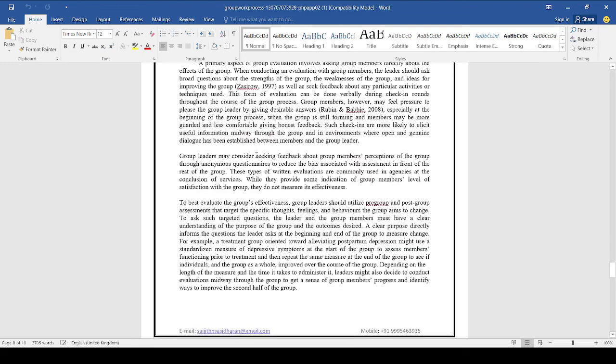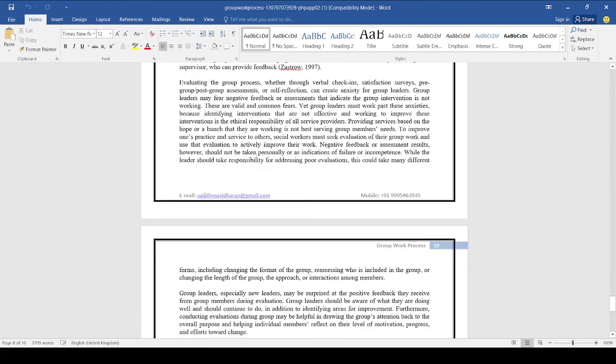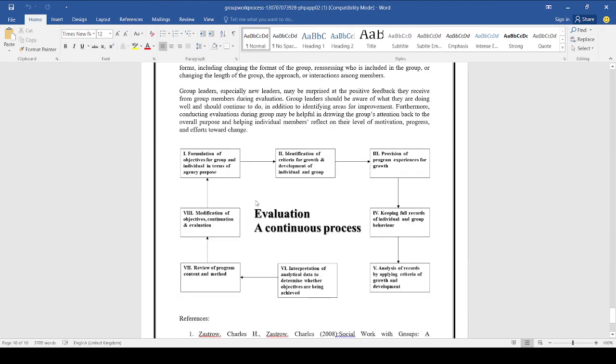These are the three important phases of evaluation. And these are the steps of the evaluation process in group work practice: formulation of objectives, identification of criteria for growth and development of the individual and group, provision of program experiences. It's a continuous process; in all the stages we can use evaluation.